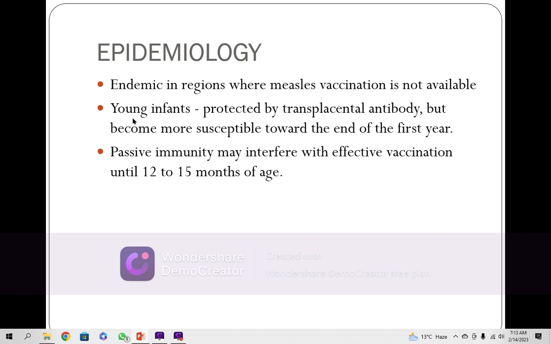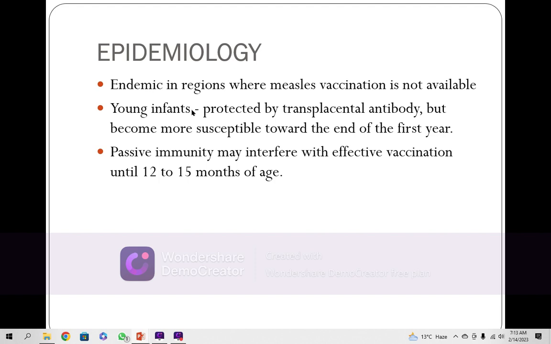WHO launched this program by different names. And they introduced this vaccine at the age of 10 months because before 10 months there is a passive immunity in the child from the milk of the mother which contains the antibodies against this measles.